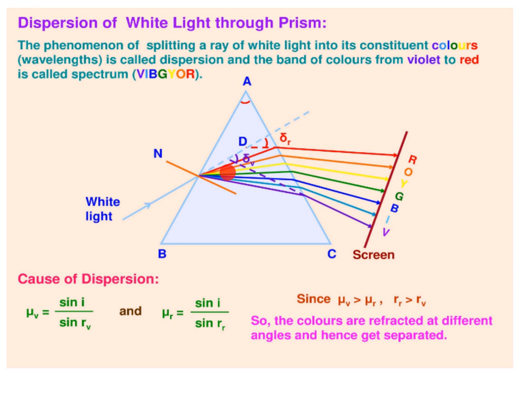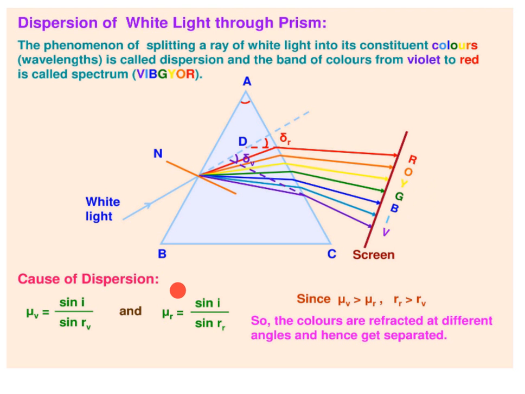Then it constitutes 7 colors like this. In these 7 colors, there will be red, orange, yellow, green, blue, indigo and violet.